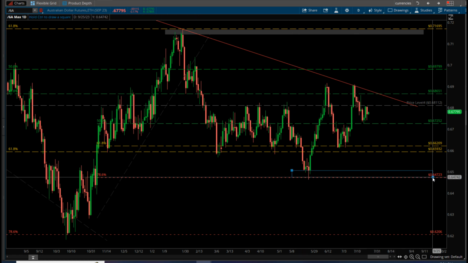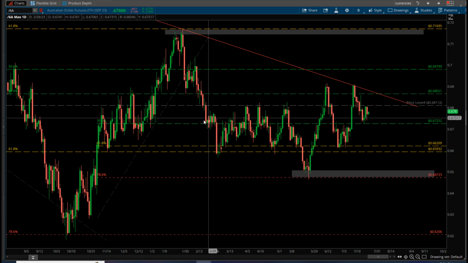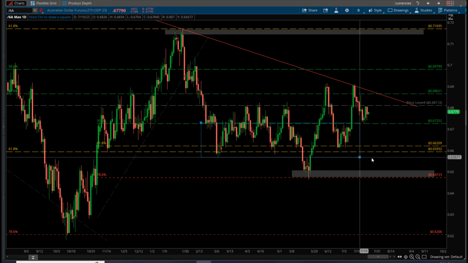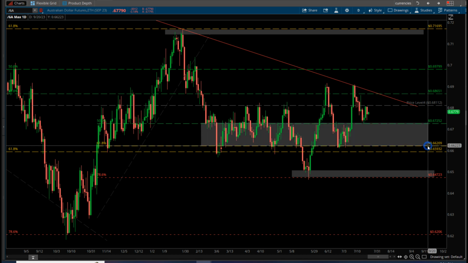Right there. And it also turns out that this is a pretty good candidate, I would say, for a change control zone right in this area here. Boom.